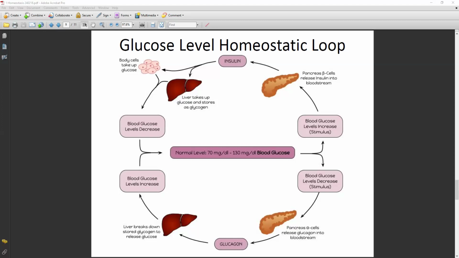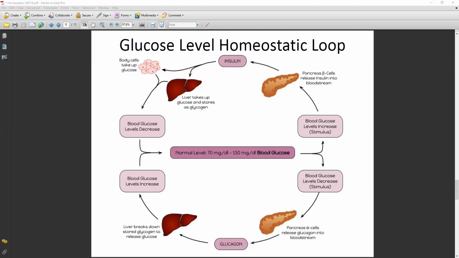So how do we maintain glucose homeostasis? You need to go through this homeostatic loop. You will have a sensor to detect the blood glucose level, and then you have to have an action to correct that. If it's too low, you increase it.